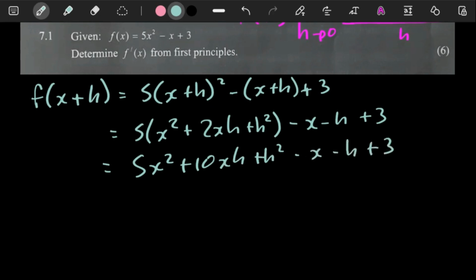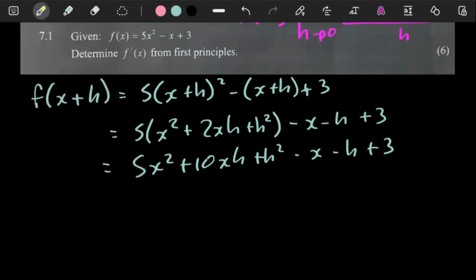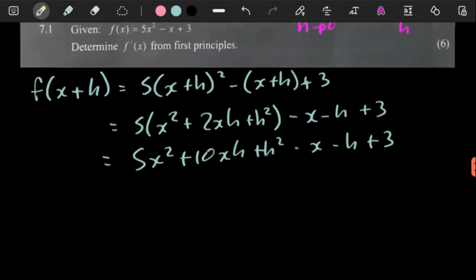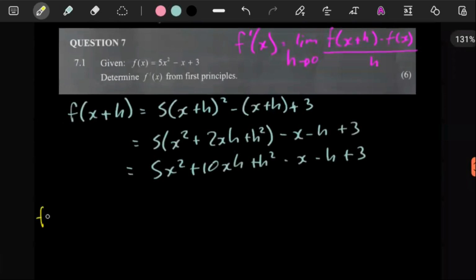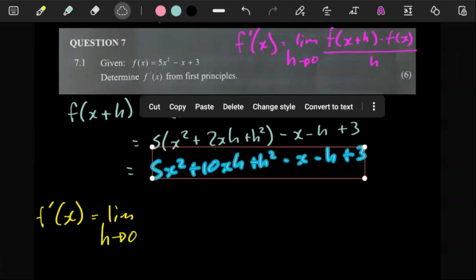You can see it's just a huge expression that is not necessarily very useful. But let's see. F prime looks like this. F prime is going to be equal to the limit as h goes to 0. You have to keep the h goes to 0 part there all the time. So let's see this whole thing here. Let me copy.